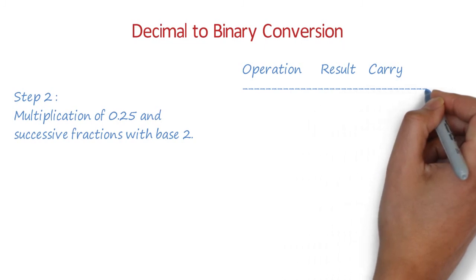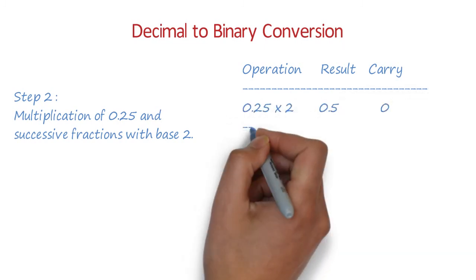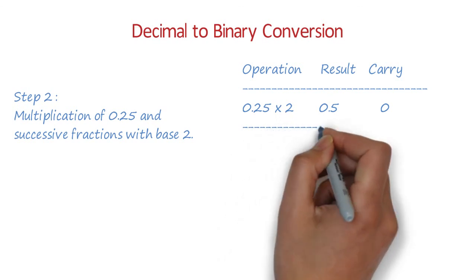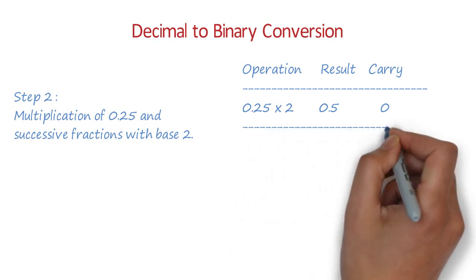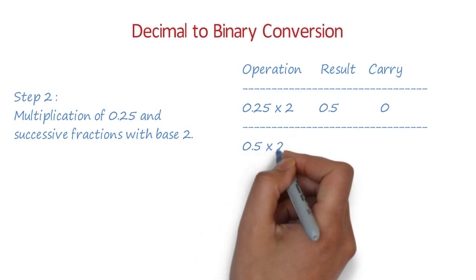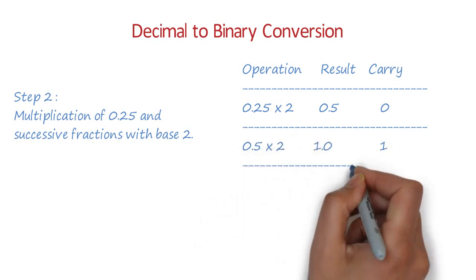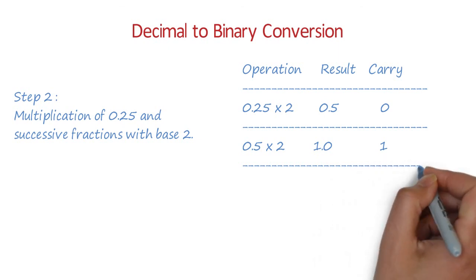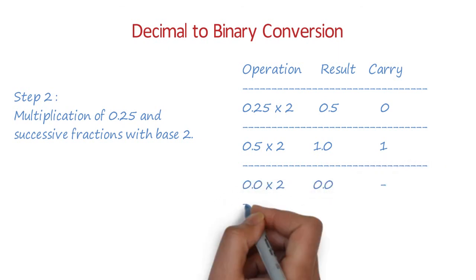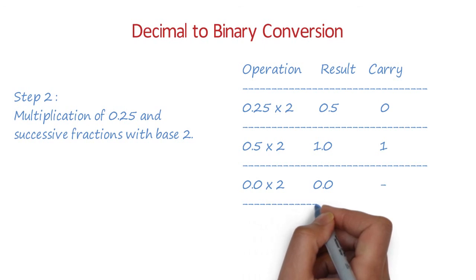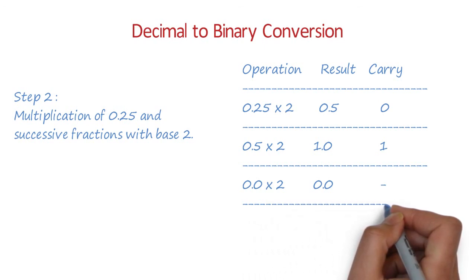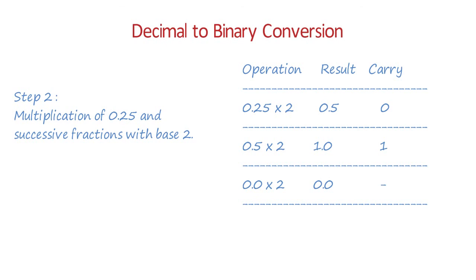The result is 0.5. The carry will be taken as 0. In step 2, the result is taken for the second operation. So 0.5 into 2 gives the result 1. So I can take carry 1, and 0 will remain for the next operation.